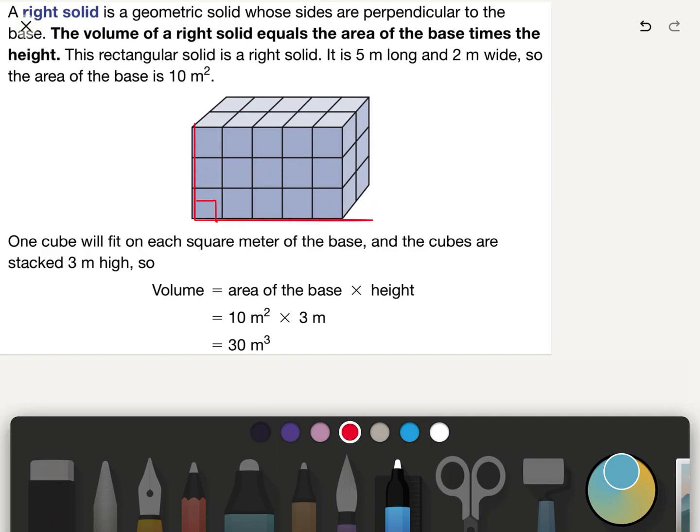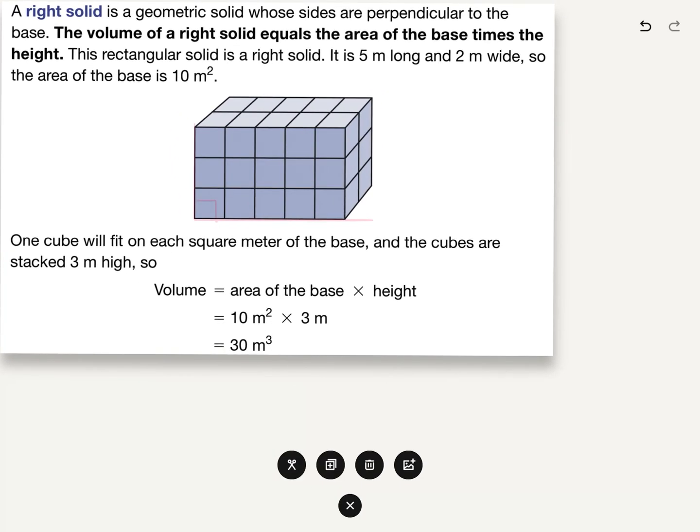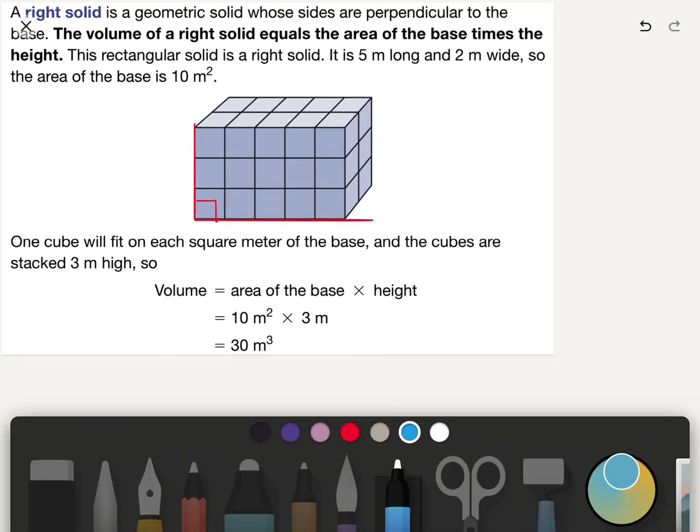So the volume of a right solid equals the area of the base, and we can use the top, speaking about our base.